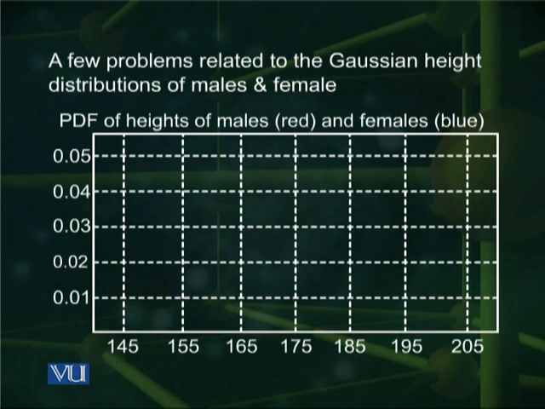So what's the probability that you pick a girl randomly and her height is between 165 centimeters and 175 centimeters, or the girl is taller than an average girl but shorter than an average boy.